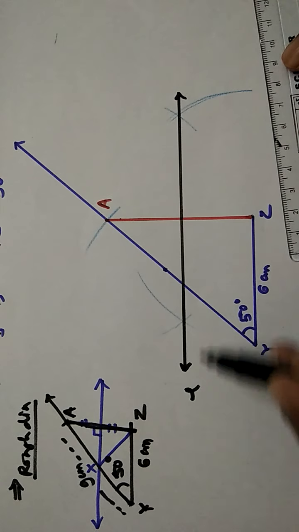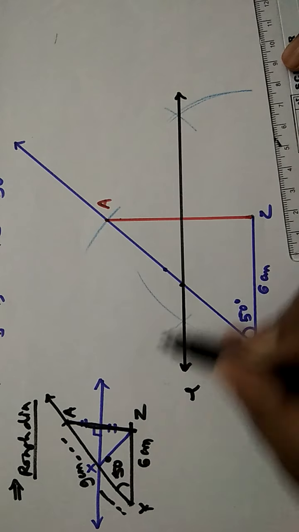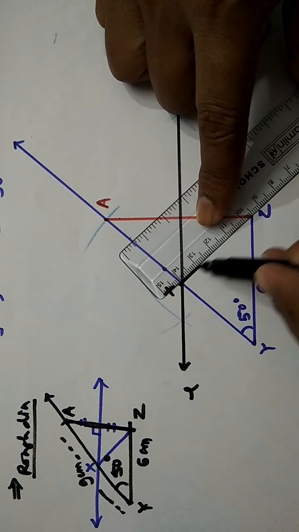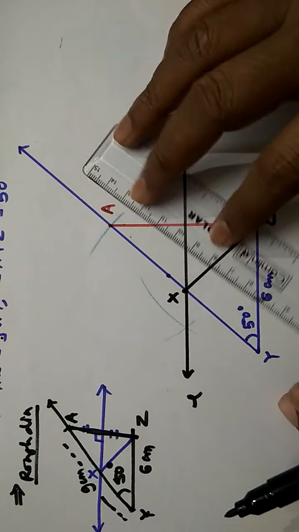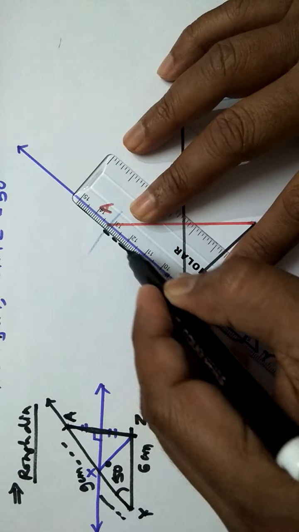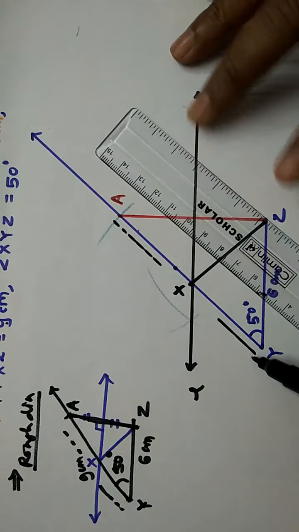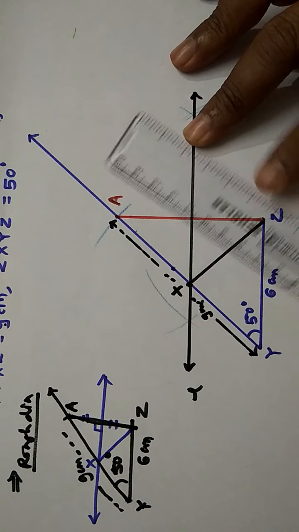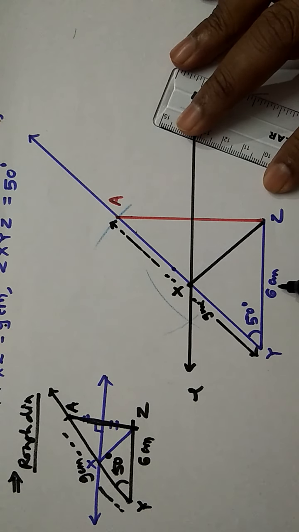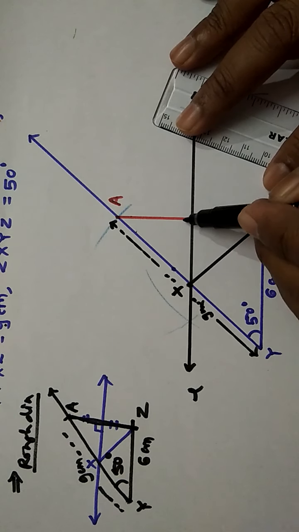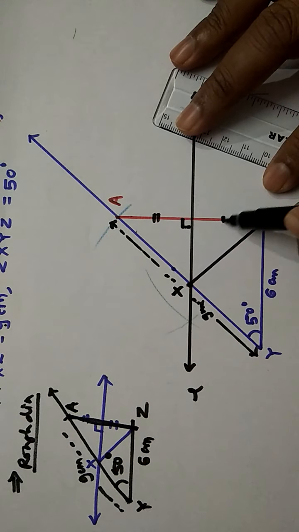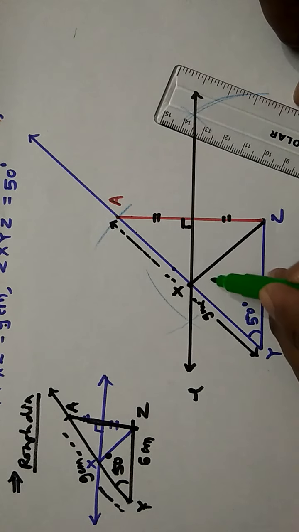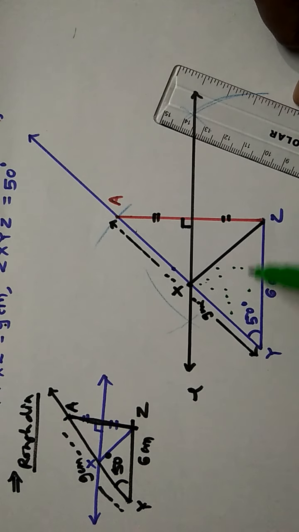Where this line intersects the ray, that point is X, and draw segment XZ. Note that this distance is 9 centimeter, this angle is 50 degree, and this measurement is 6 centimeter. This is the perpendicular bisector of AZ. And this triangle is the required triangle XYZ.